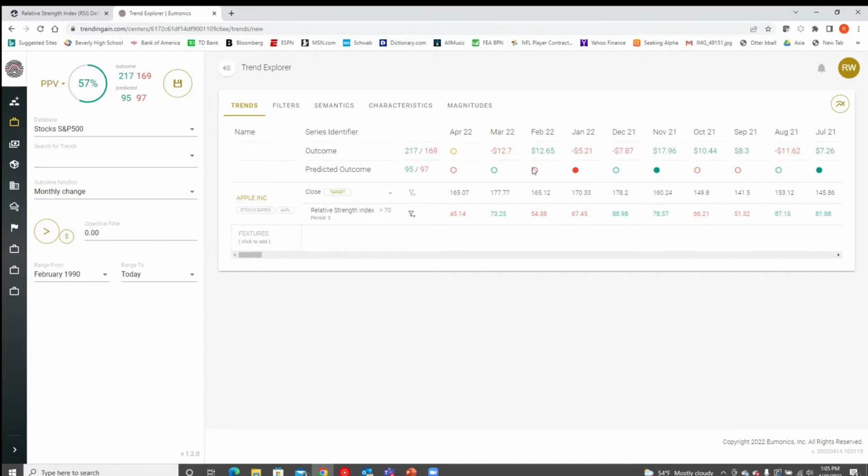The red circle is a false negative. In this instance, the stock price was expected to go down, but it didn't. The solid red means the stock price was expected to go down, and it did. And the solid green is when the stock price was expected to go up, and it did.